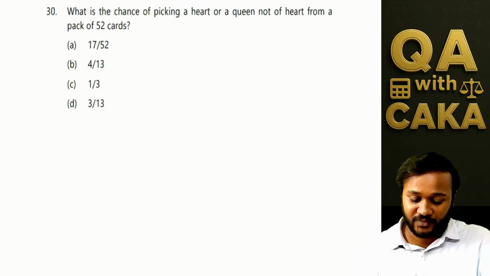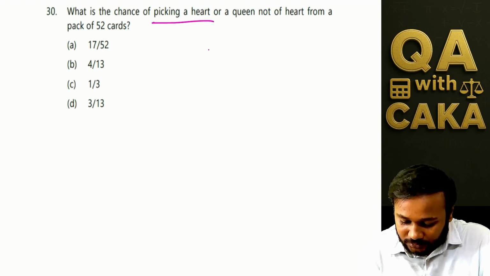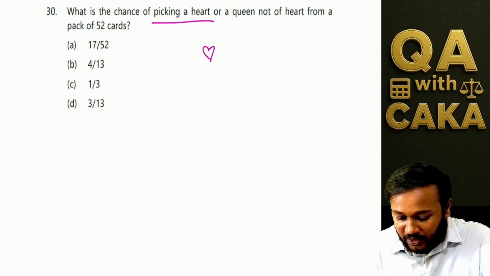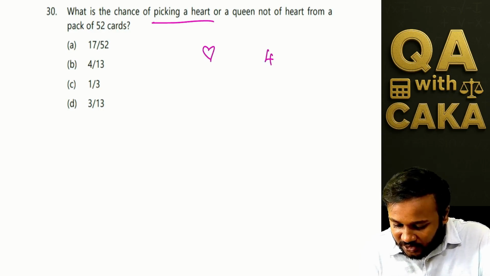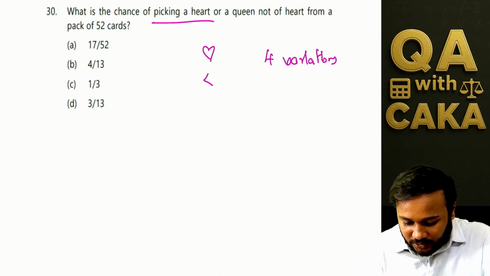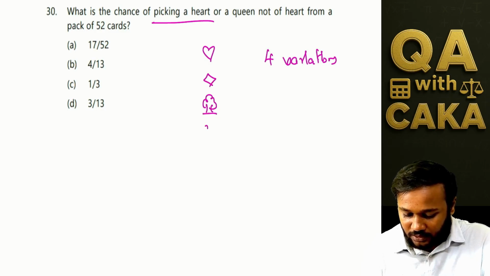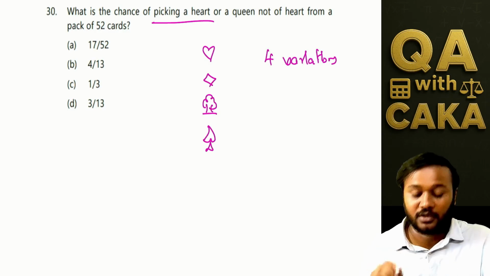The last question in your RTP: what is the chance of picking a heart or a queen, not of heart? There are four variations in your cards: heart, diamond, and the other two. These four are there.